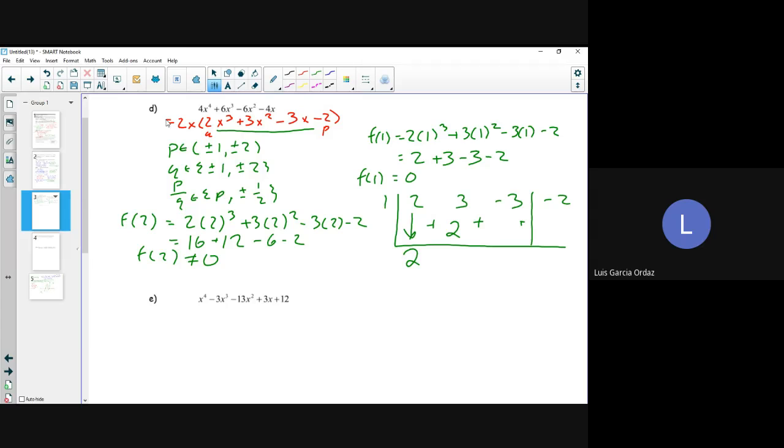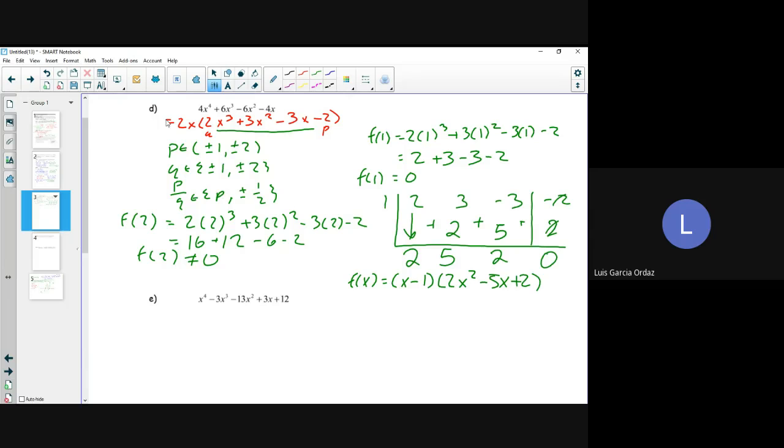And then we keep adding and multiplying. So we get 5. And we get +2 and -2, they cancel out, and it gives us 0. So what we're left with is f of x is equal to x minus 1 times 2x squared plus 5x plus 2.